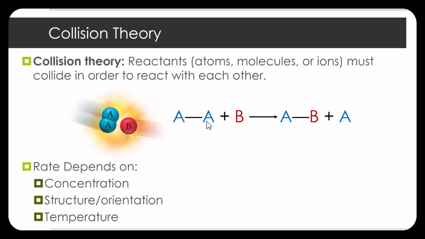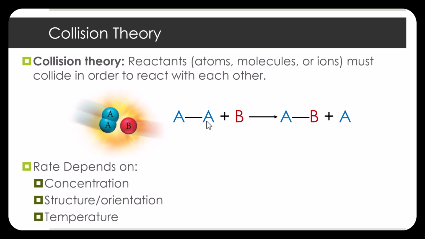Before we move past concentration, let's quickly summarize. The first half of this chapter, the rate law and the integrated rate law, talked about the concentration of the reactants. Typically, as the concentration of reactants went down, the rate also decreased.